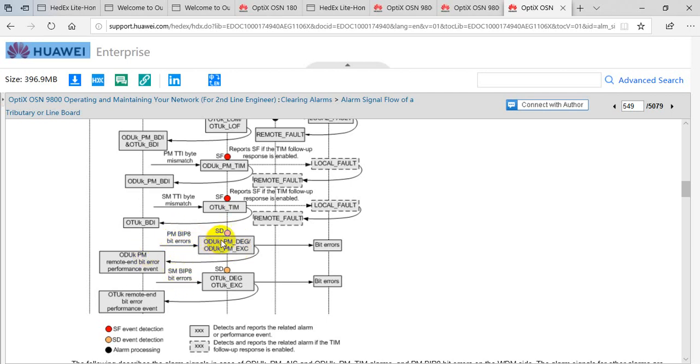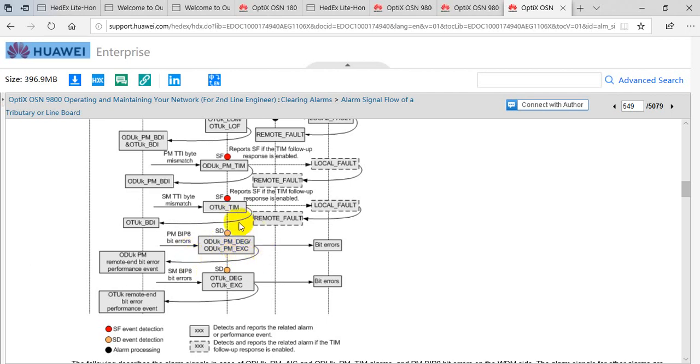For that BIP 8, a computation happens, and then after 2 frames the results are inserted, and they are compared at B end, and if there is a problem, the degradation or excessive error alarms are triggered.